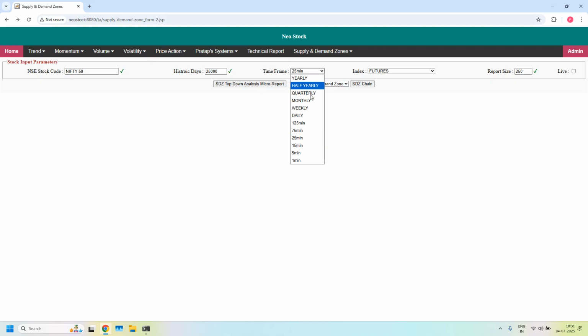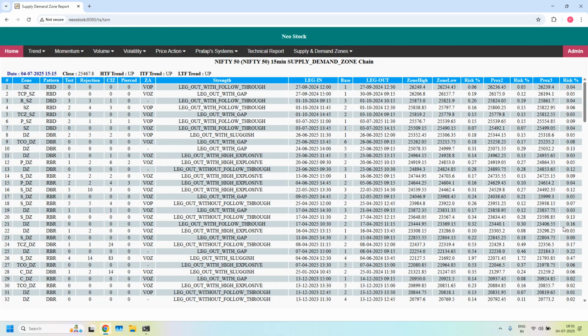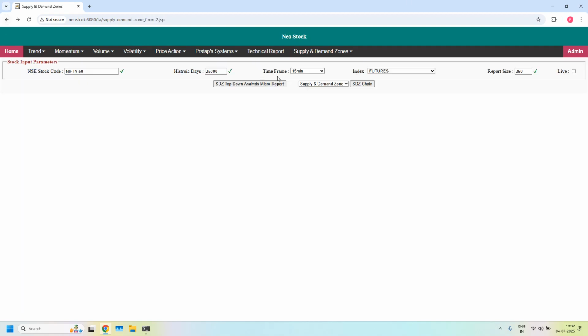Next, generating 15 minutes supply demand zone chain for NIFTY. Next, generating 5 minutes supply demand zone chain for NIFTY.